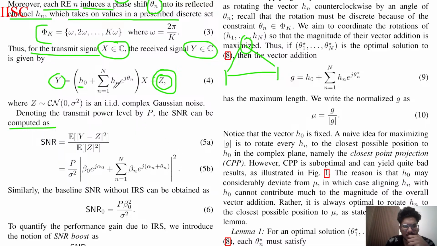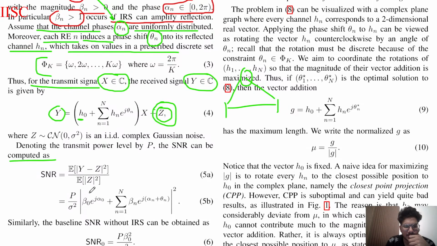We write everything in the beta form, as we know that Hn is equal to beta n e to the power minus j alpha n. So this part is written here.